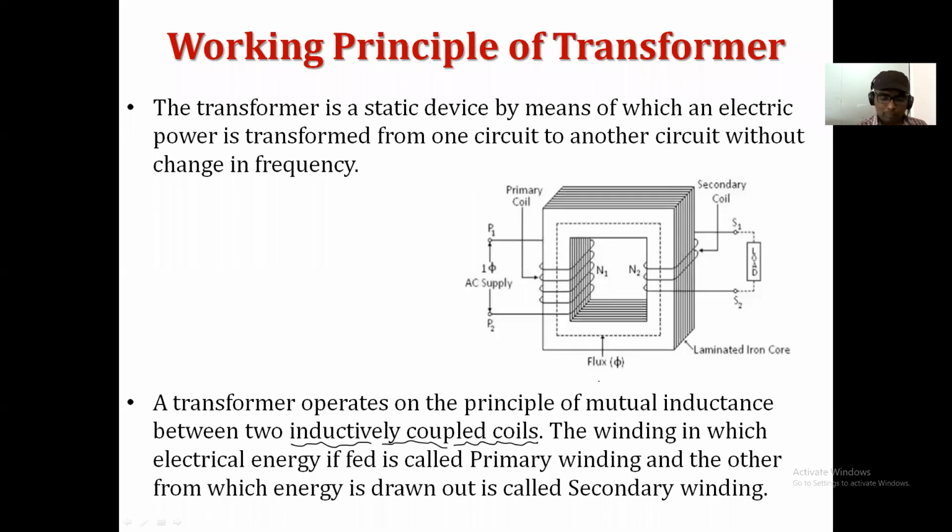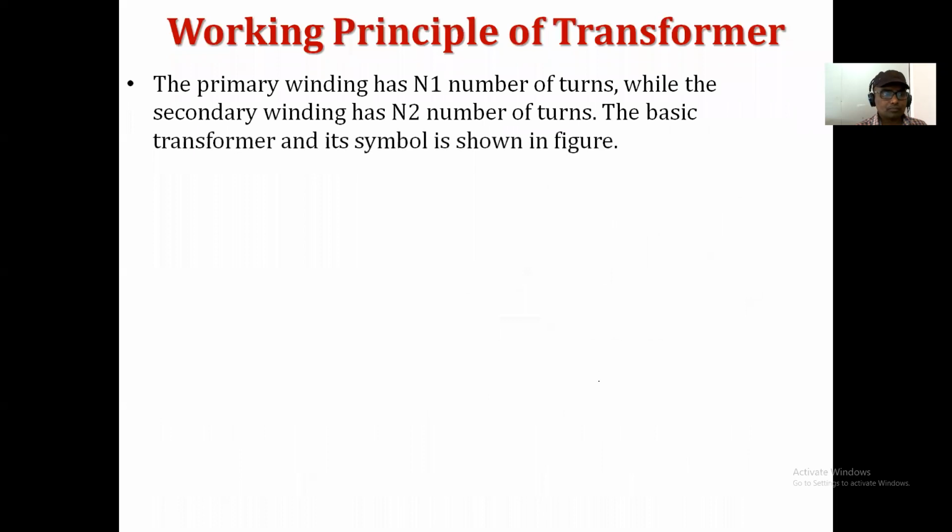This is a simple definition of the primary and the secondary winding. The primary winding has N1 number of turns, while the secondary winding has N2 number of turns. The basic transformer and its symbol are shown in the figure.